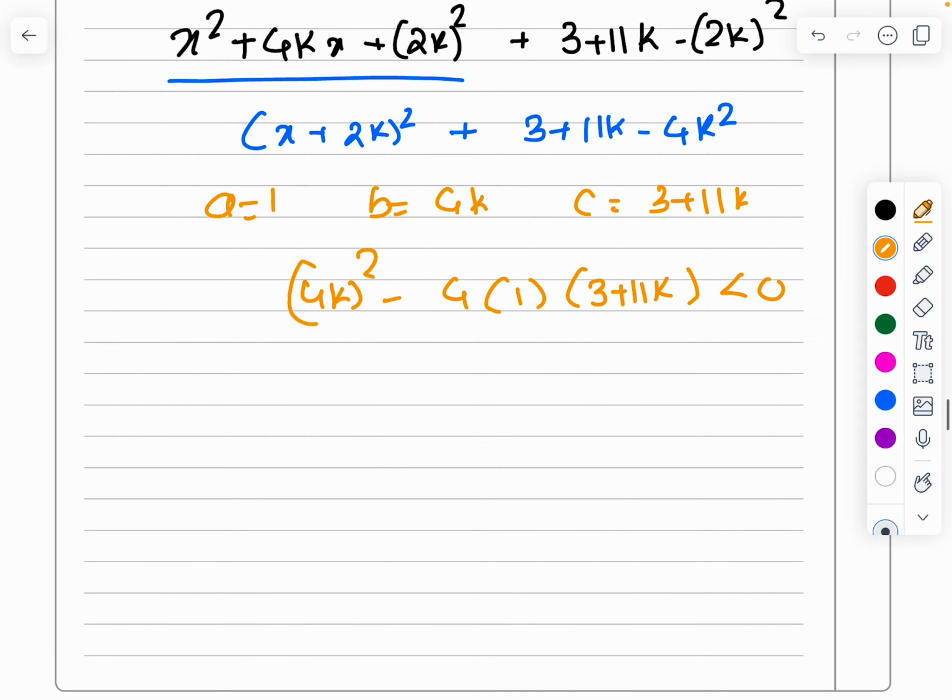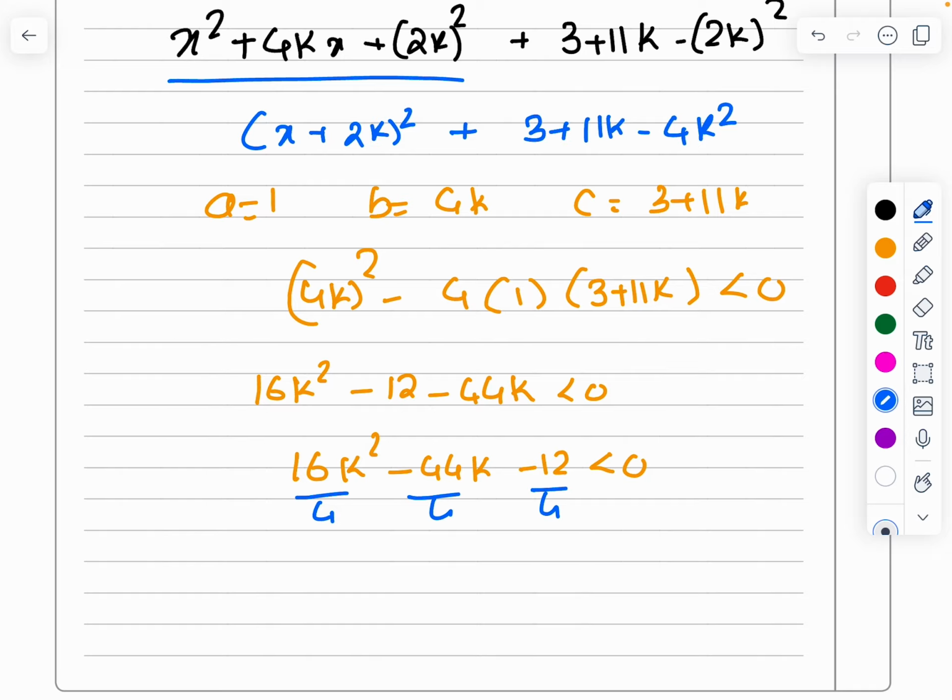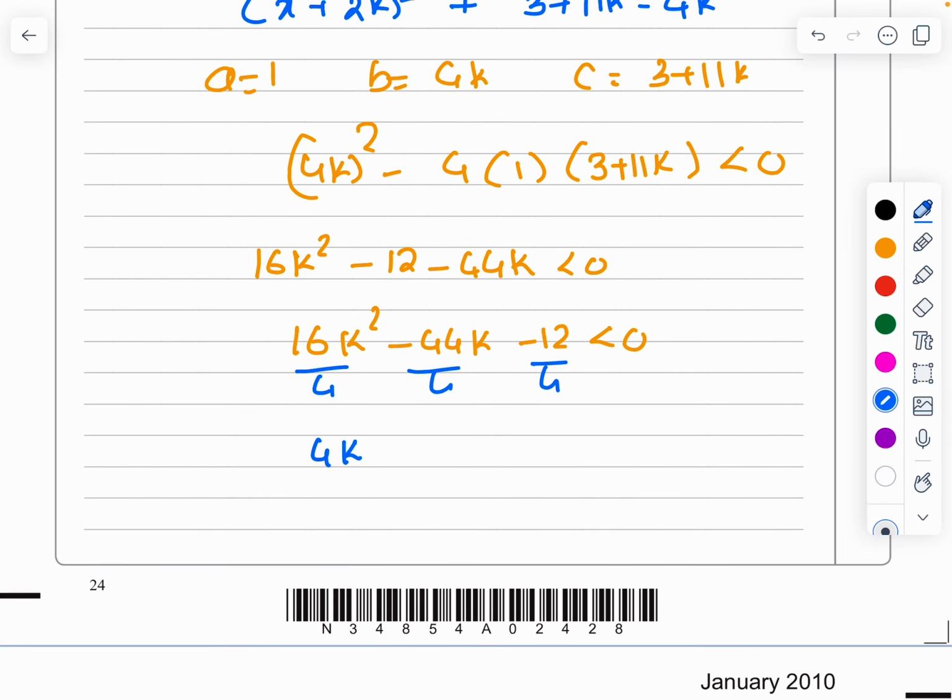So you get 16k square minus 12 minus 44k is less than 0. 16k square minus 44k minus 12 is less than 0. Divide by 4, 4k square minus 11k minus 3 is less than 0.